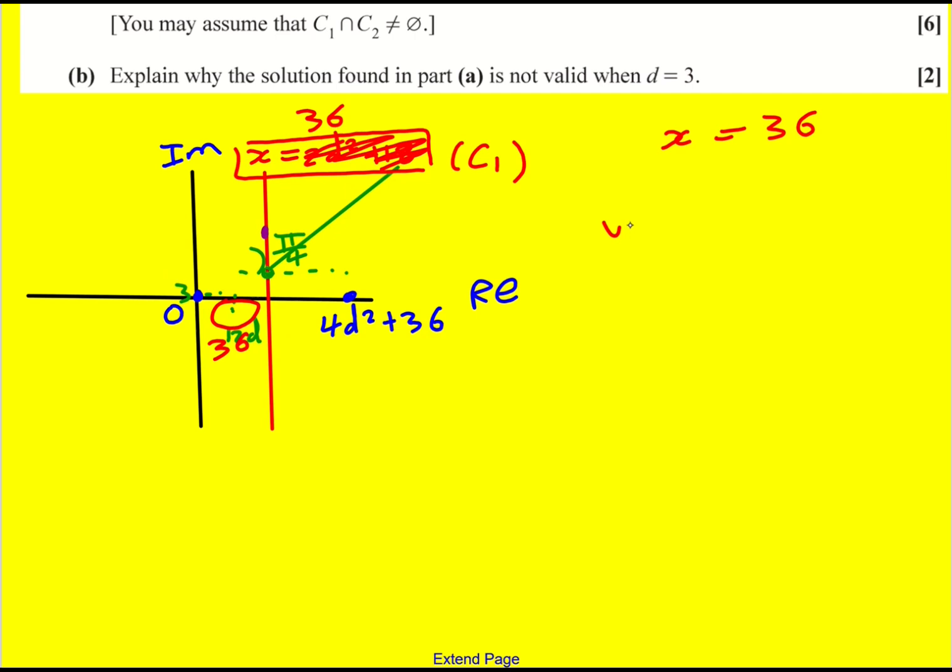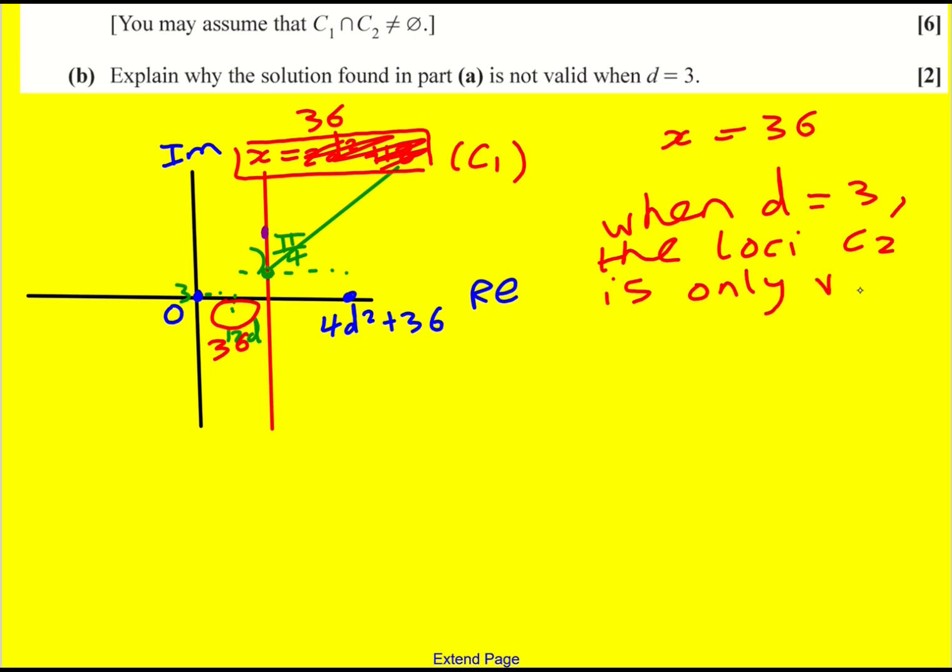So when d is equal to 3, the loci C2 is only valid for x greater than 36. And this is, as I said before, like you get the argument of 0 when it's 36, and that is not allowed.